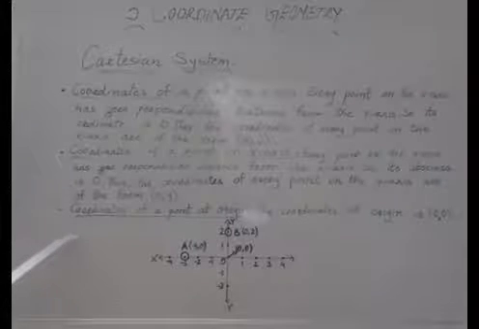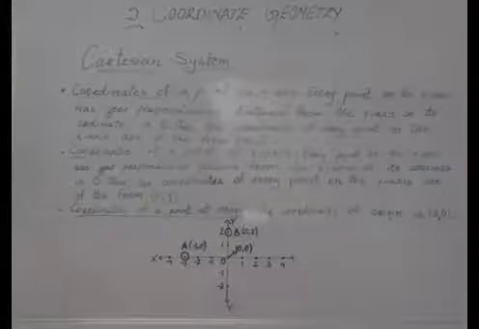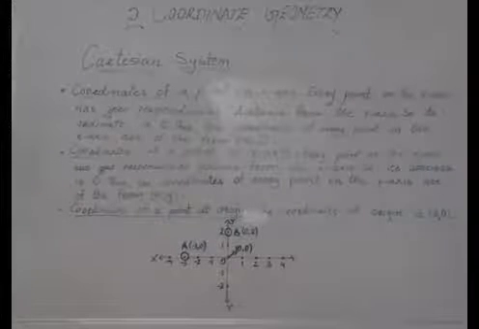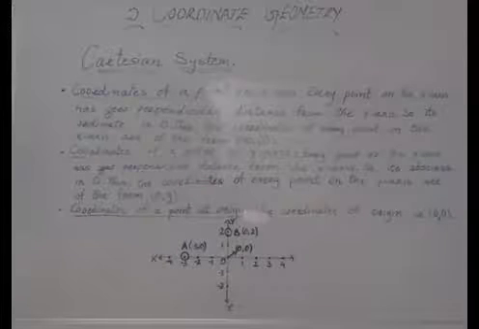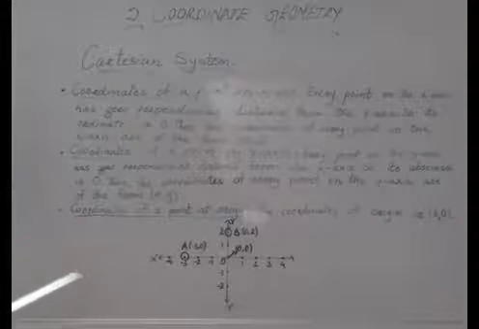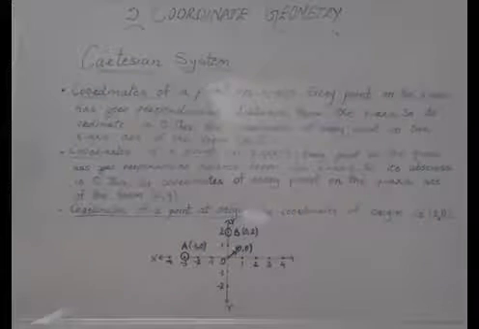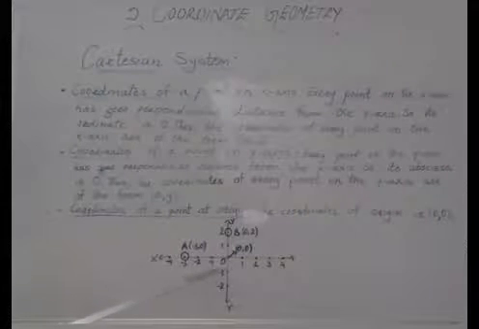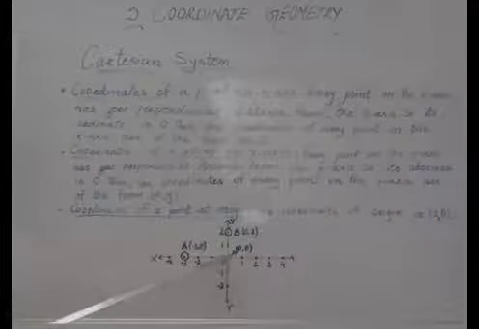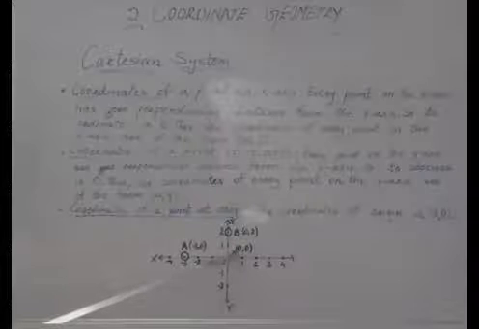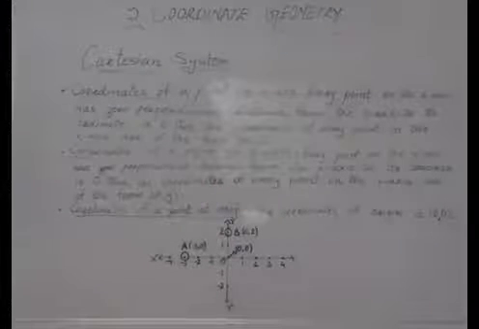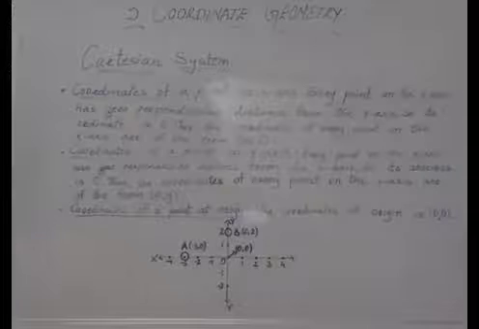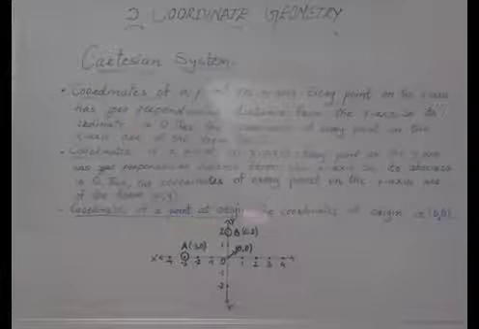Next, coordinates of a point at the origin. Let's see what the coordinates of a point which lies on the origin are. The coordinates of the origin are (0, 0). You can see here O is your origin and its coordinates will always be (0, 0), because it does not have any perpendicular distance from both the axes.